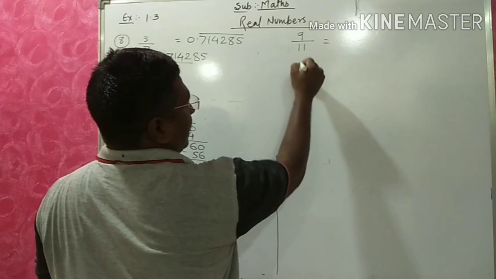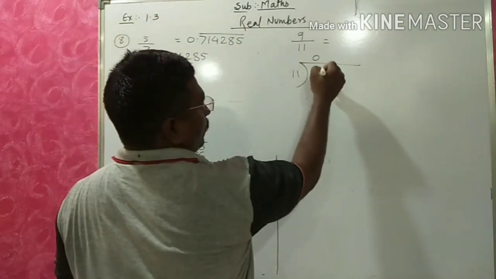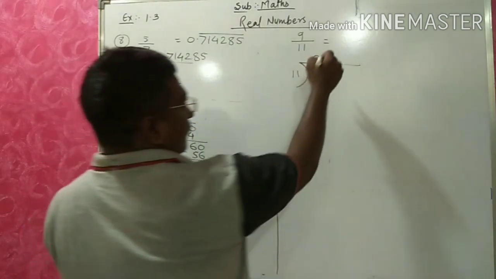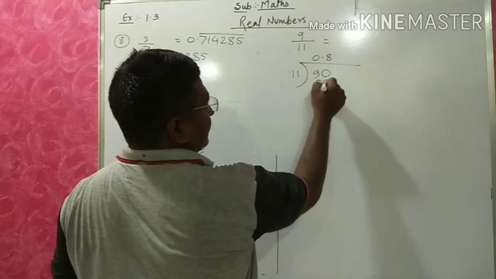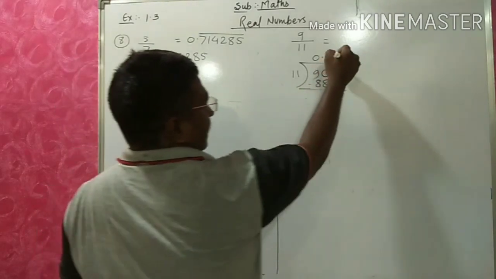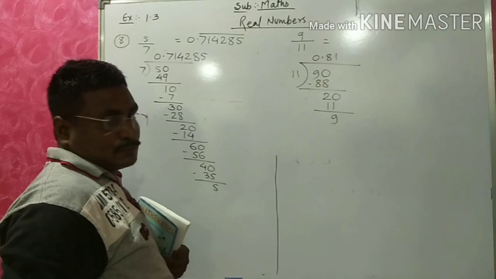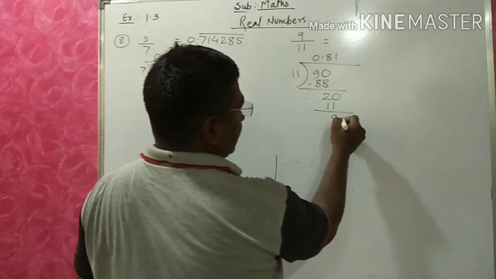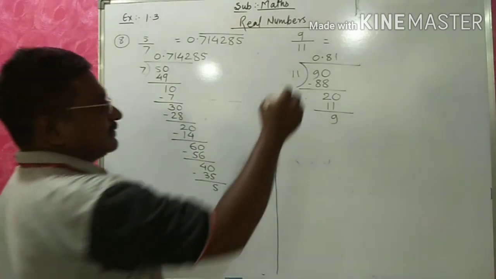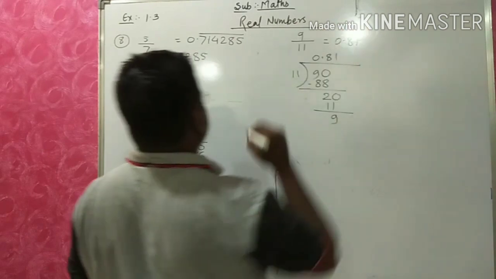For that purpose, divide it. 9, here 0, point. 11 eights are 88, 2, 0. 11 ones are 11, 9. So what did we get? Again 9 we got, so from here the repetition will start. So we get 0.81 bar.